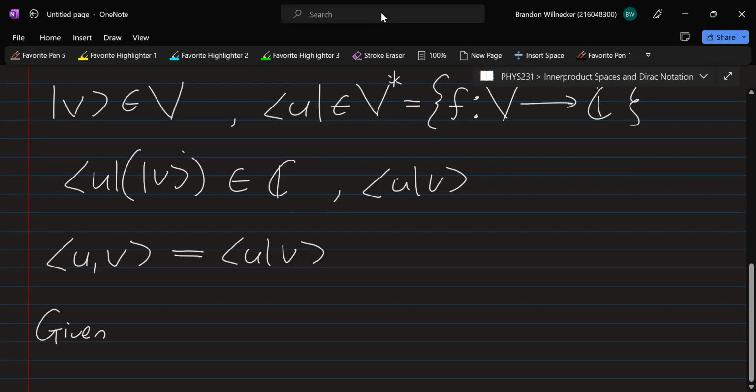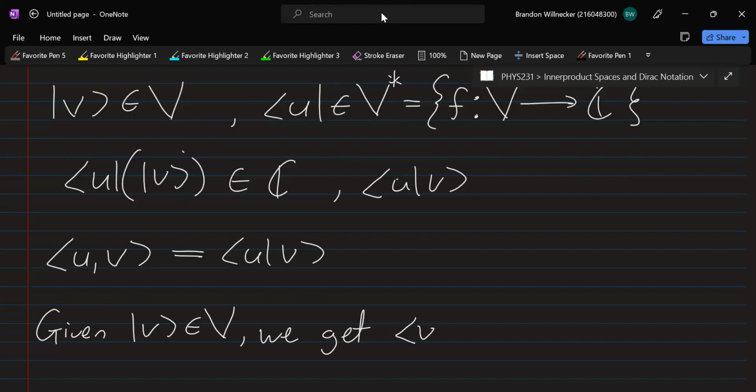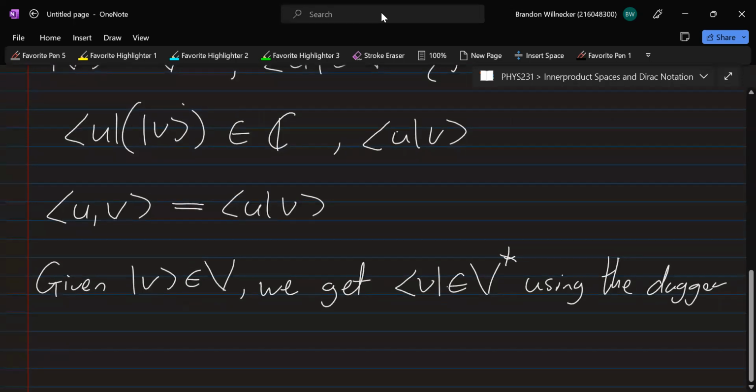So given V from the vector space V, the original vector space, we get the dual vector, or the bra V, which is an element of the dual vector space, using the dagger operation.